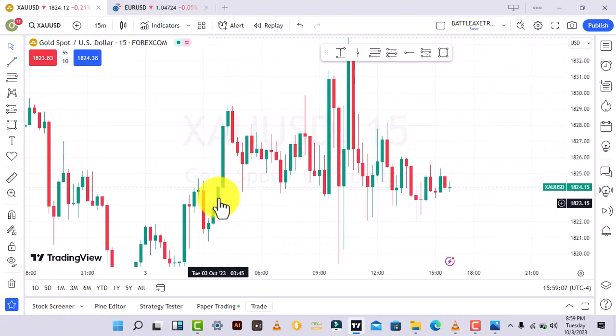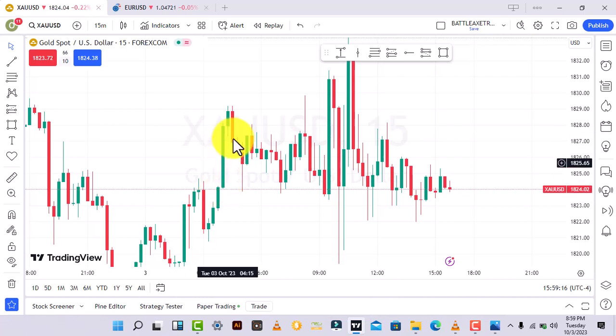This first candle, this is the top, right? This third candle, this is the low, right? You can see that between the top of this first candle and the low of this third candle, there is a pocket here, there's a void here.